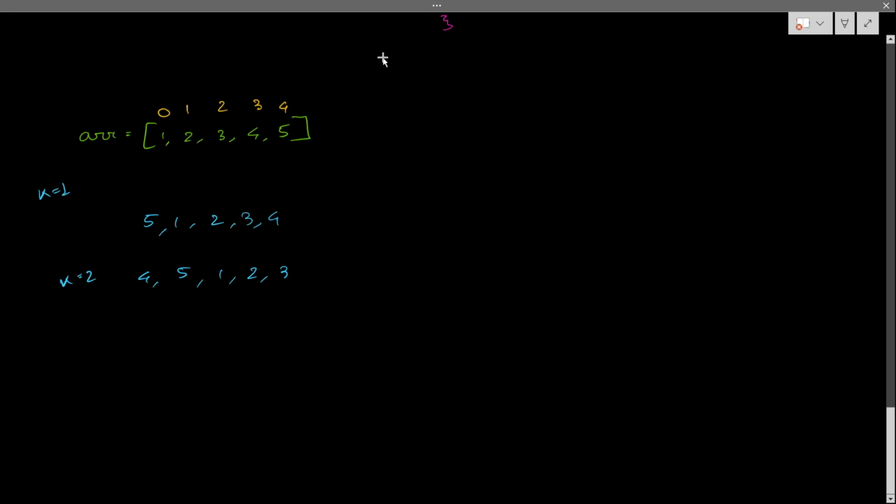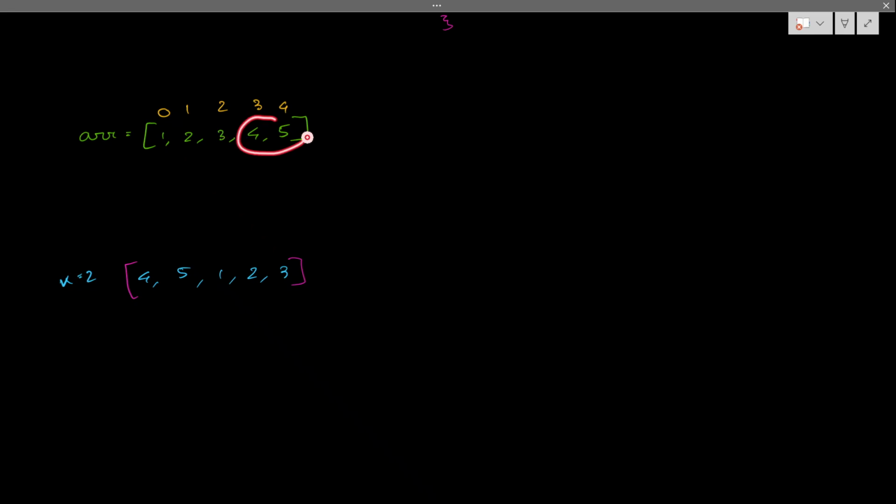If I consider my k value is 2, this is my final output, right? If you notice carefully, after 2 rotations, what comes first? 4 and 5 come first. Then 1, 2, 3 come here.